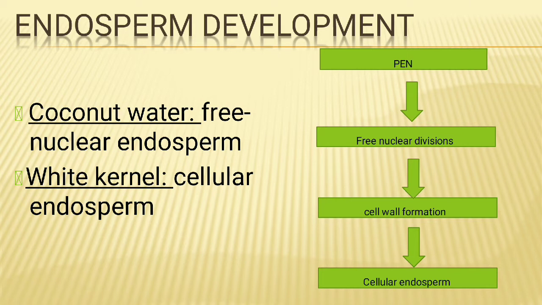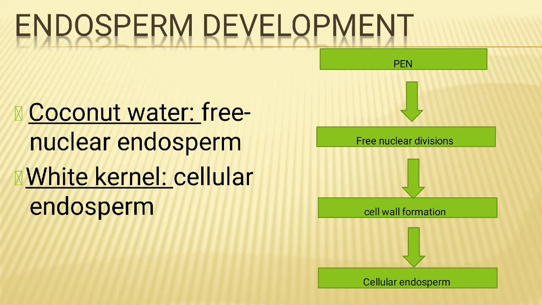Next, after repeated nuclear division, there will be cytokinesis. The cytoplasm divides and a cell wall is formed around all the nuclei. Then the formed endosperm is called cellular endosperm.